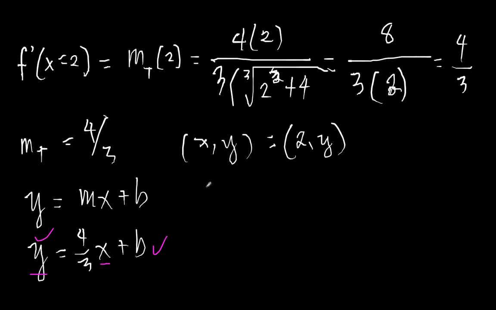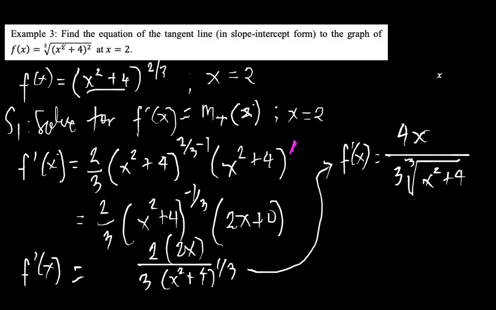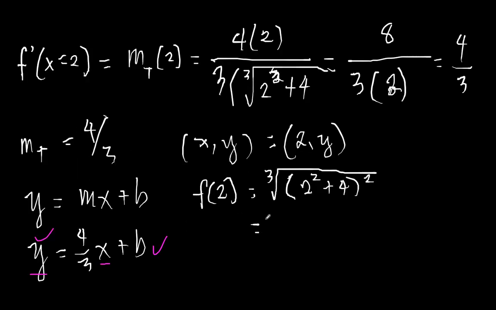So we need to solve for f of 2 using the given function, the cube root of 2 squared plus 4 raised to 2. I'm just using the given function to solve for y when x is equal to 2.